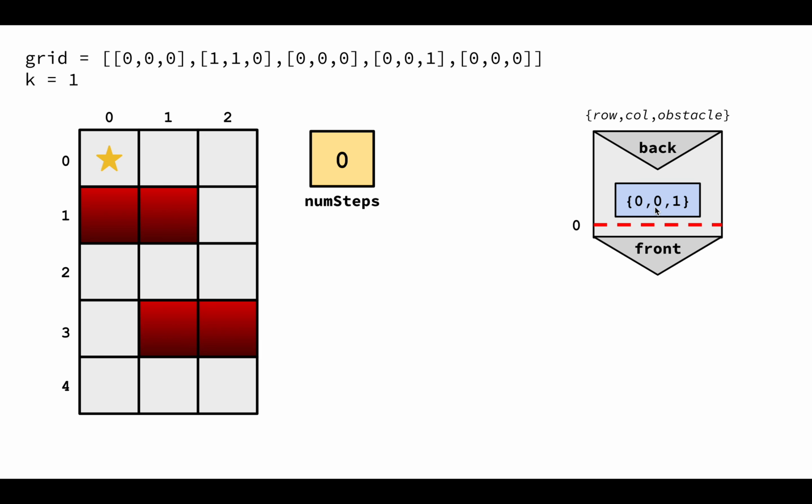And when we add anything to the queue, the way we're actually going to store it is we're going to store the coordinates, so the row and the column, so in this case 0, 0, as well as the number of obstacle eliminations that we have left. In this case, it starts out as 1 because k starts out as 1 over here. So initially, we're able to eliminate one obstacle because we haven't done anything yet. So we'll add this to our queue.